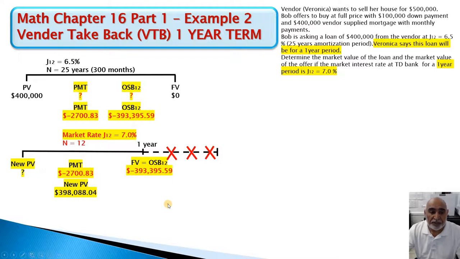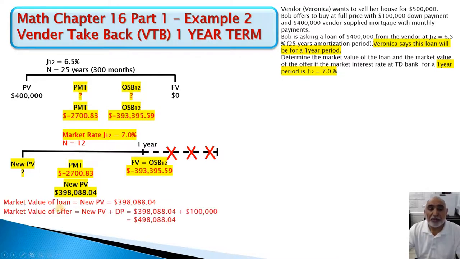What's the market value of the offer? The new PV plus the down payment of 100,000, 498. So what's the house selling for according to the market? 498. Bob is only gaining about 2,000 by doing this, but at least the sale is happening.